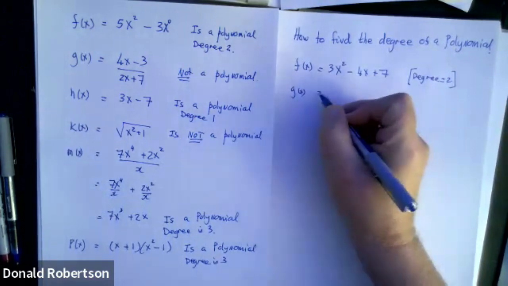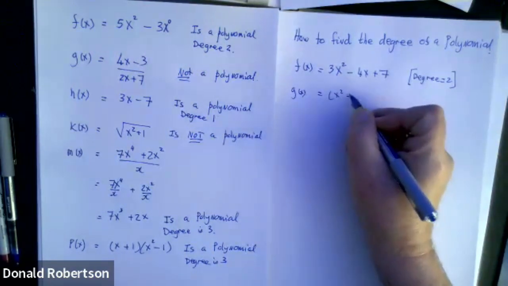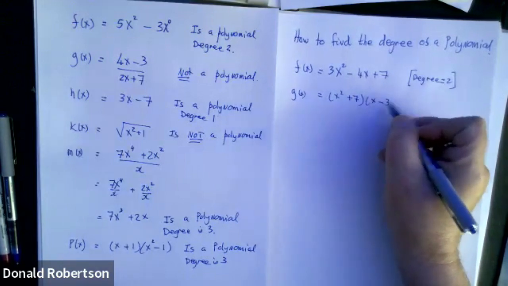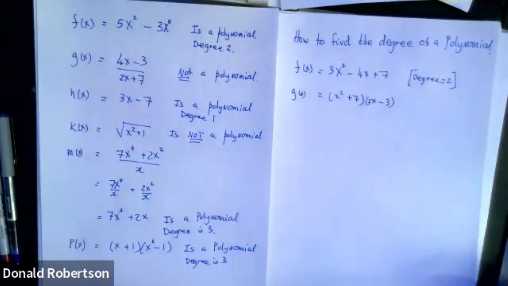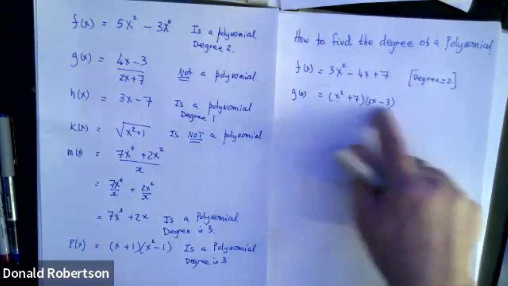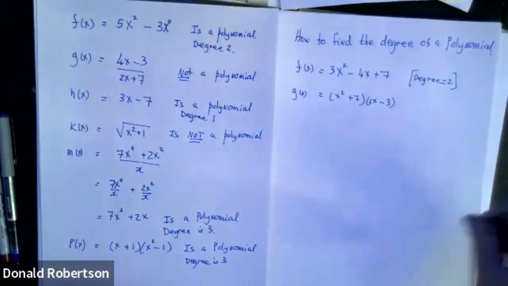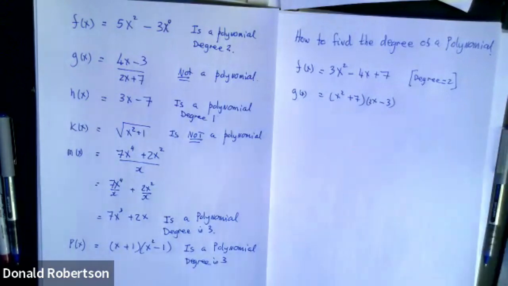However, you're not always going to get things written in a format that is easy to deal with. Now, I guess I could FOIL that out. It wouldn't take too long. But there is a way to actually figure out what the degree is.